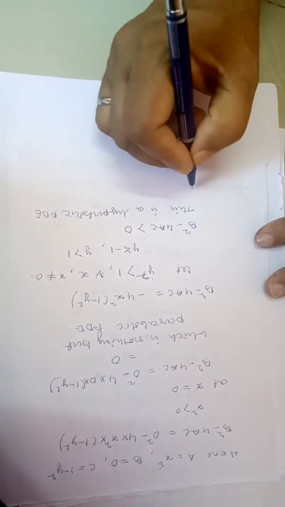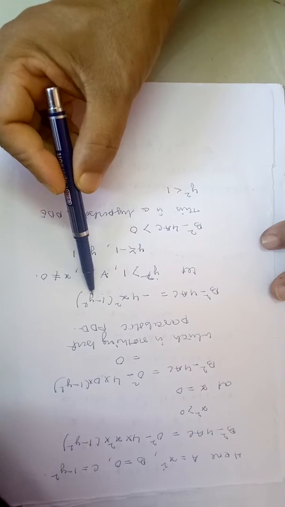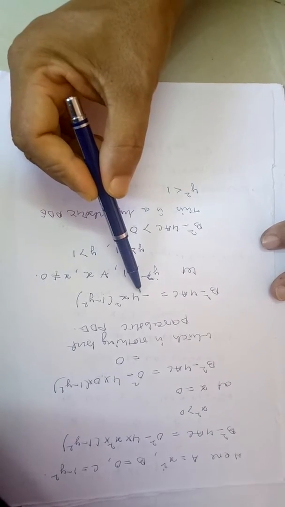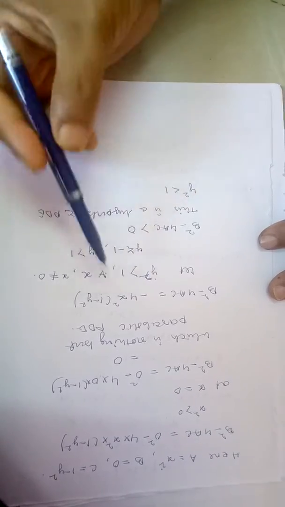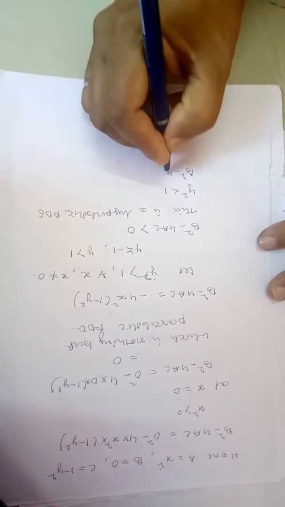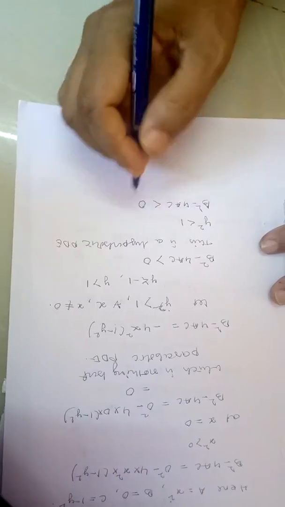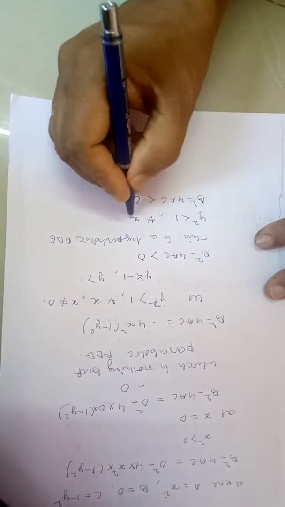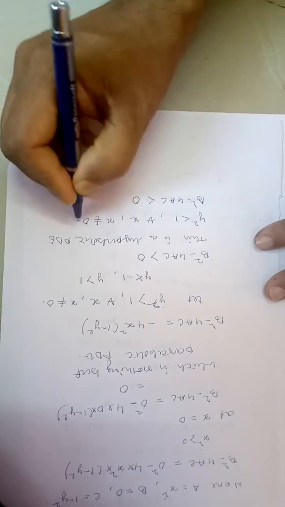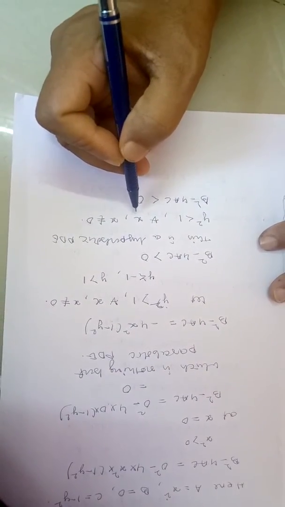Now suppose y square is less than 1. Y square less than 1 means this bracket 1 minus y square will be positive, and so there will be no change in the sign, so it will be negative. So b square minus 4ac will be less than 0 for y square less than 1 and for every x non-zero. Don't forget to write for every x, because x may be any value.